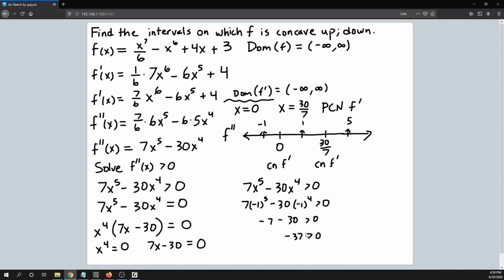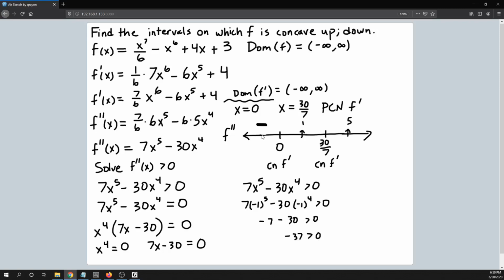So what that means is that on this interval here, the one that's to the left of 0, whenever I plug any of these numbers into the second derivative, I'm going to get a negative number. Because remember, it's all or nothing on each piece. When we plugged in the -1, we got a false statement, -37 is not greater than 0.